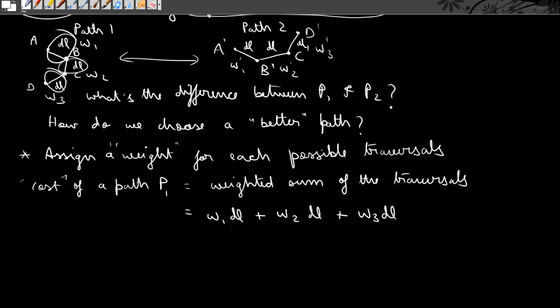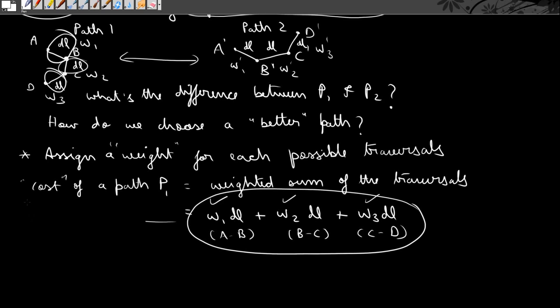This is basically the traversal from A to B, B to C, C to D, and each of these traversals carries weights W1, W2 and W3. This weighted sum I am going to call the cost.